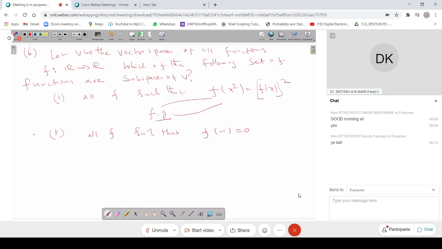We can give some problems related to matrices also as subspaces, and then we'll give a problem for linear independence and dependence. Let us take this exercise. Let F be a field, and let n be a positive integer which is bigger than or equal to 2.